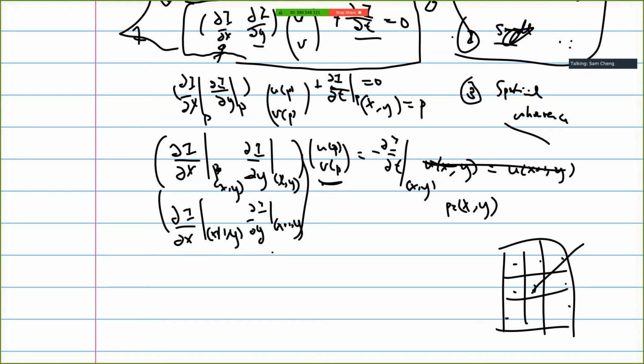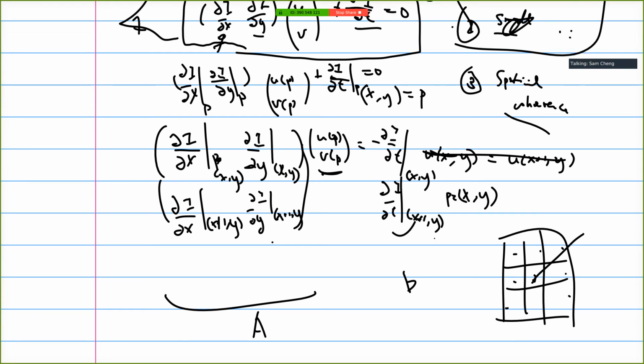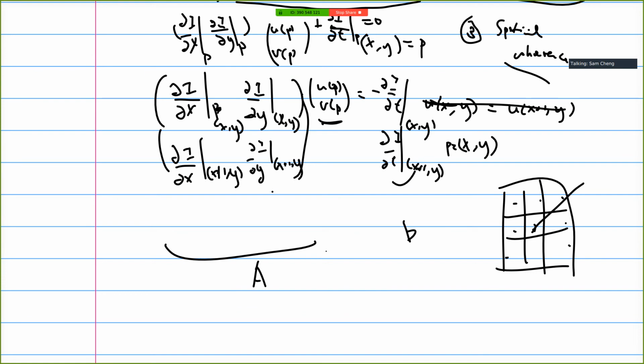So the solution is, if I call this A here, and I call this b here, and my u v, if I call this x here, then x is again just the pseudo inverse, so it's A transpose A inverse, something like that.